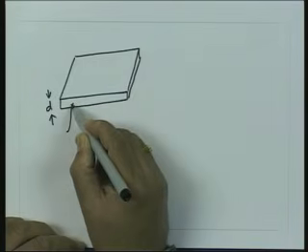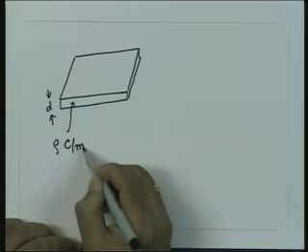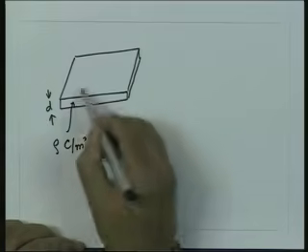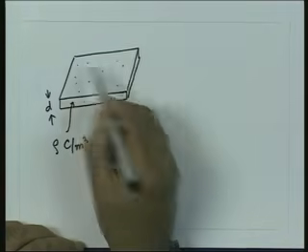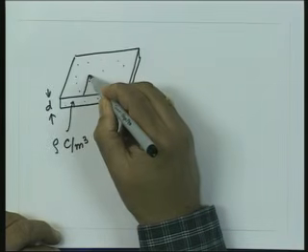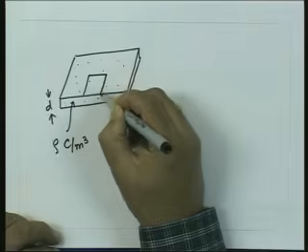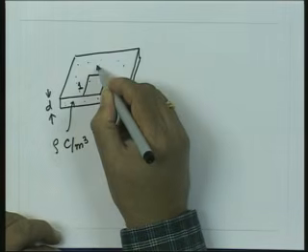So, I have a charge density rho, which as we saw is coulomb per meter cube. So, all these charges inside are distributed with this density. If I now consider an area which is unit area on the surface, so let us say this length is 1, this width is 1.